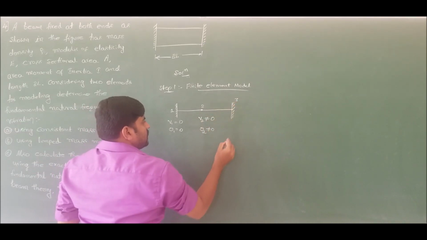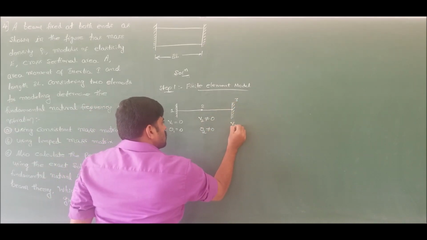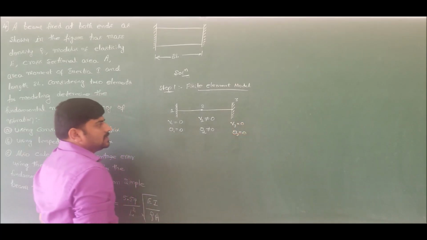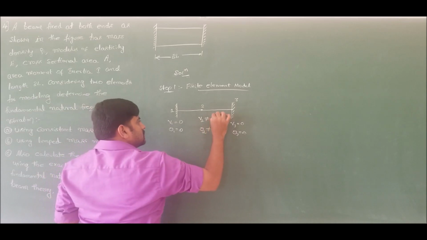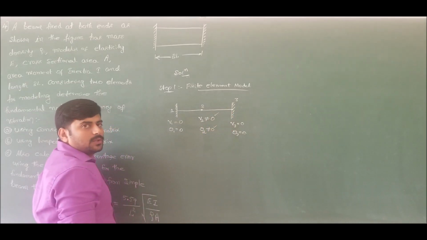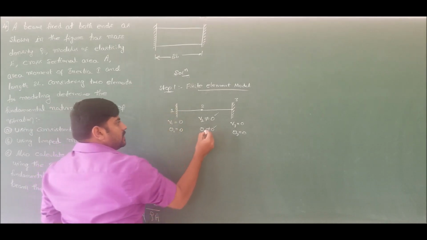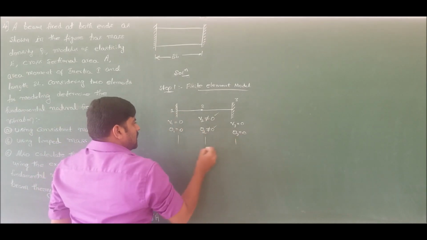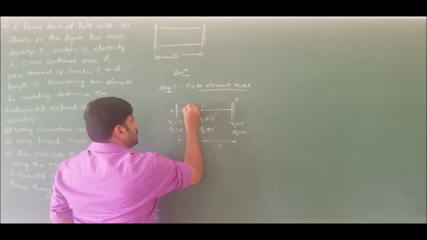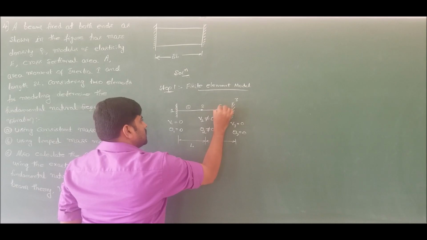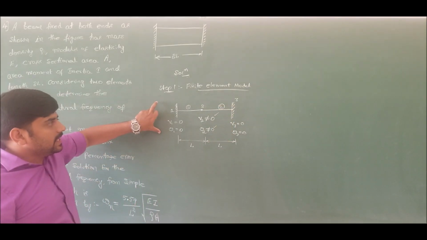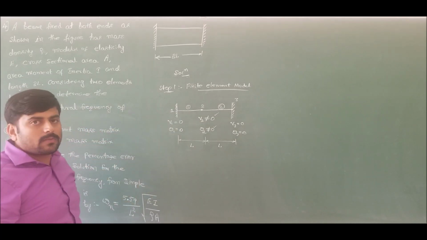Since node 3 is completely fixed, deflection is equal to 0 and slope is also equal to 0. So the only parameters which are not equal to 0 are deflection and slope at node 2, which is completely free. We have modeled by taking the length of element 1 as L and the length of element 2 also as L. This is element 1 and this is element number 2. This completes the finite element model for the given problem.